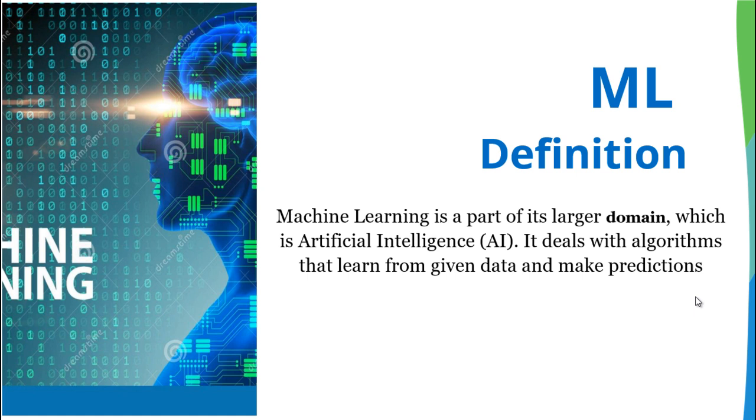Machine learning is a part of AI, but its focus and attention is on algorithm development. The purpose of that is to predict on given data. So these algorithms learn from the data supplied to them.